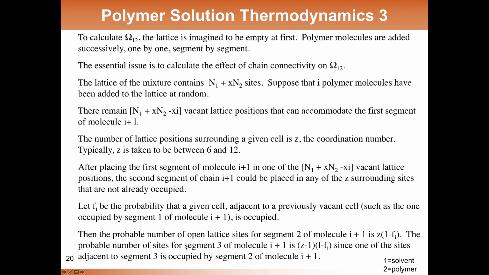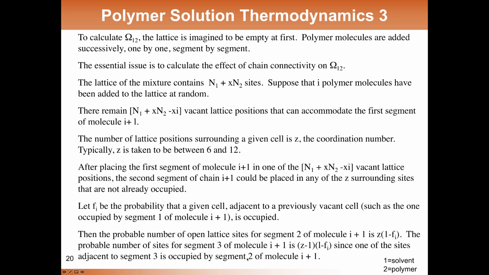The probable number of sites for the third segment of this molecule is (Z minus 1) times (1 minus f). So it is exactly the value that's shown here, except we have to recognize that when we're trying to place that third segment, there is already somebody sitting in one of the open sites that surround it, and that would be segment 2 of molecule i+1.